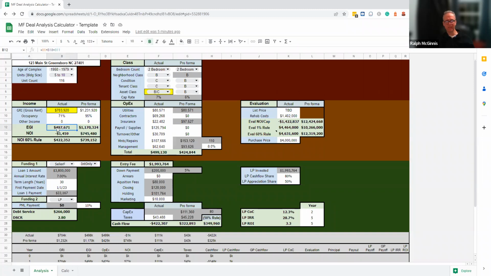The effective gross income basically means you take your gross rental income multiplied by your occupancy rate, and then you add in any additional income that the property makes, and that gets you to your effective gross income. Does that make sense? Any questions so far?